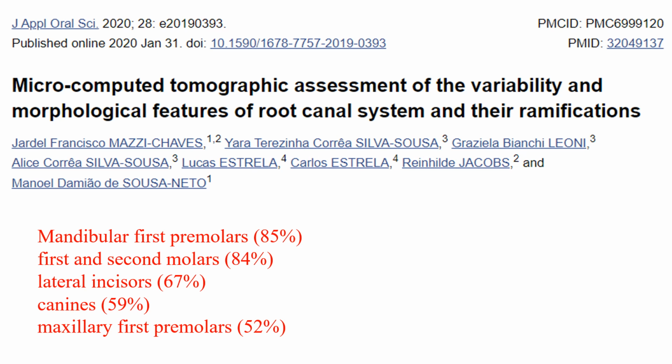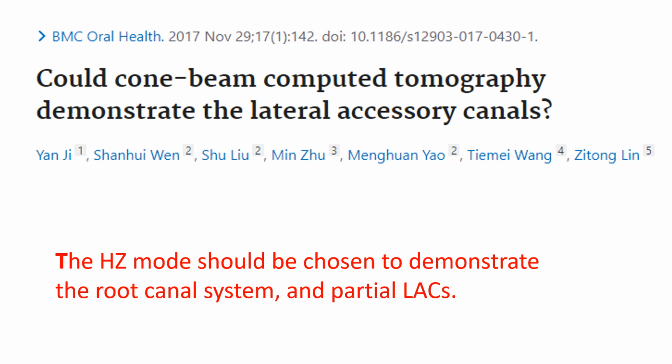And we can see a lot of research using CBCT that found the lateral canals to be present in much more than we expected, around 85%. And it's stated here that the higher resolution mode should be chosen to demonstrate the root canal system and particularly lateral canals.